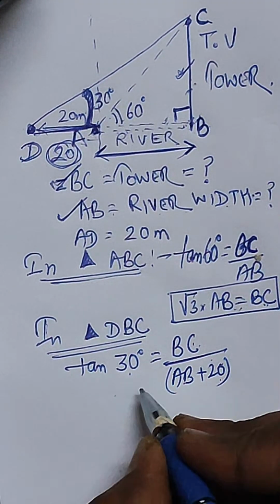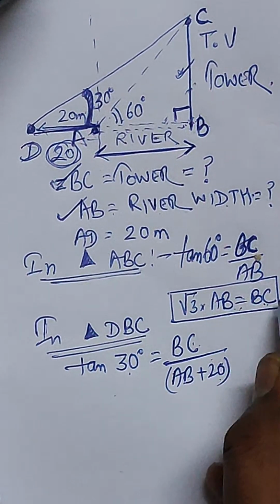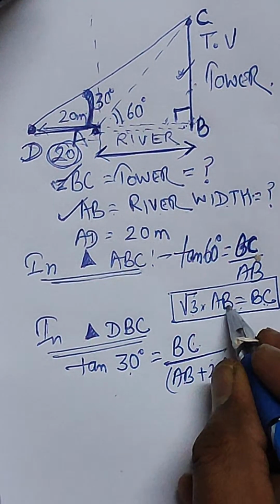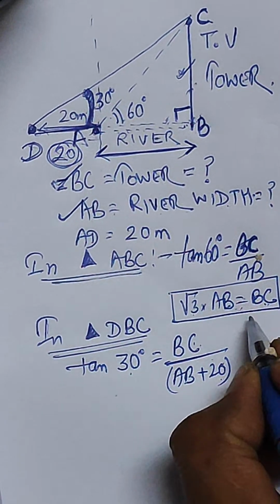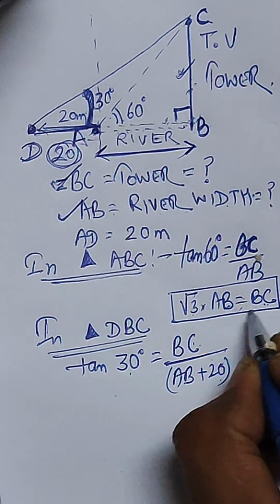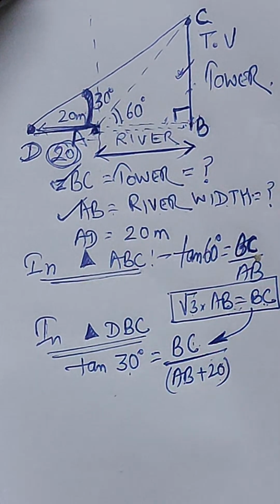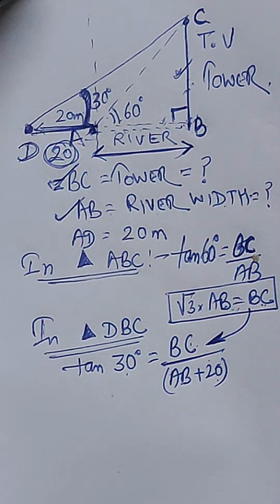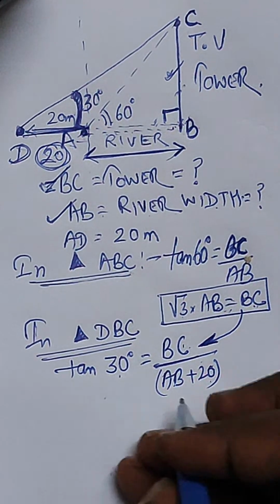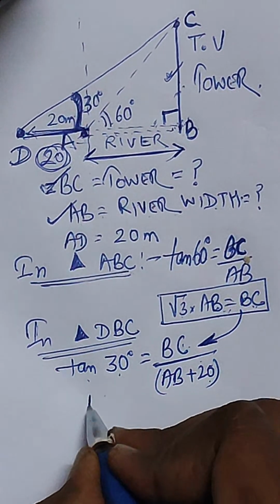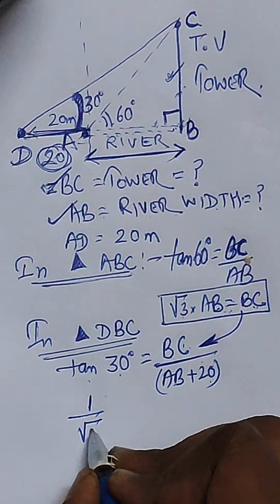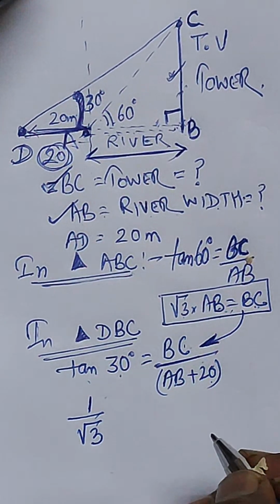So if you substitute the value of BC as root 3 times AB into the numerator, then what will happen? You can see tan 30 degree is nothing but 1 by root 3, isn't it?